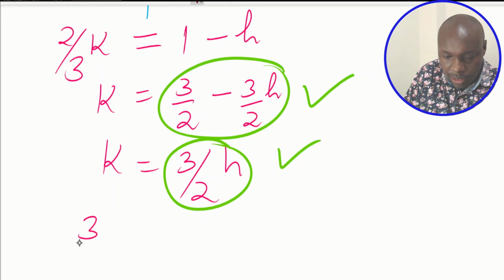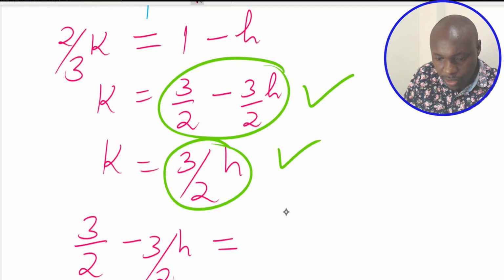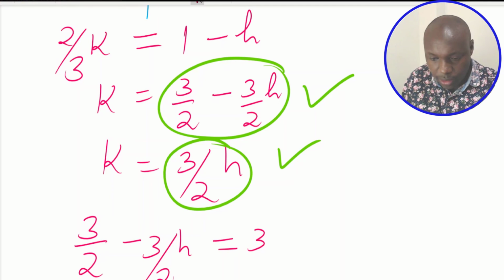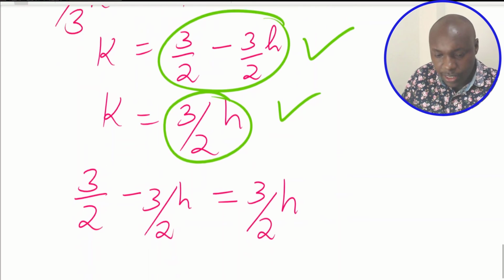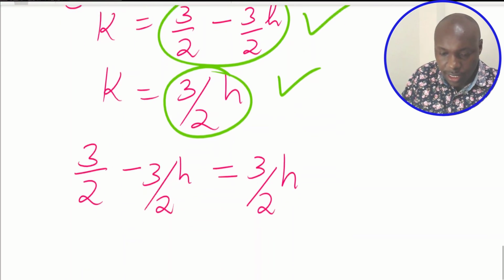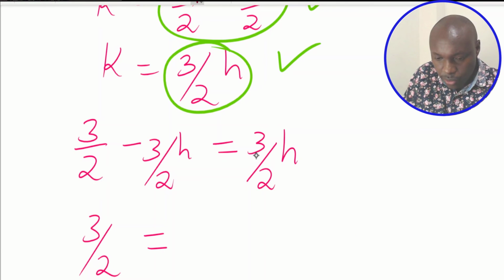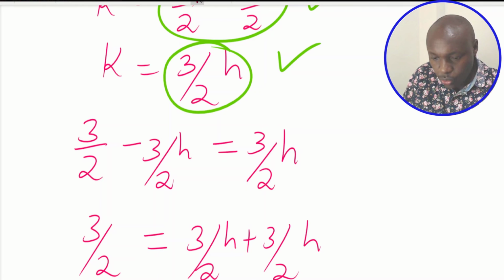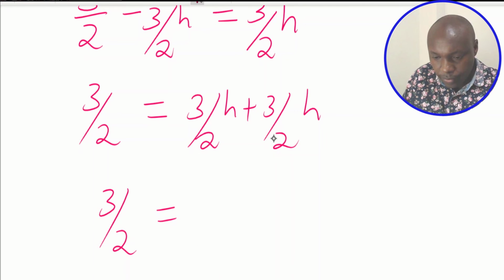We take 3/2 minus 3/2 H is equal to 3/2 H, because they're expressing the same thing. If I take this to the other side, you get 3/2 is equal to 3/2 H plus 3/2 H. And this will give 3/2 is equal to 6/2 H, which will be 3H.